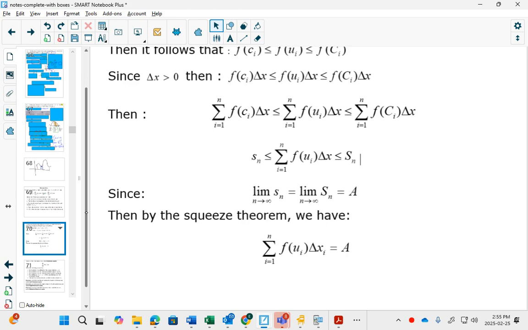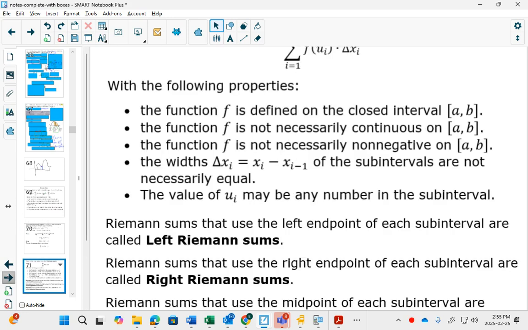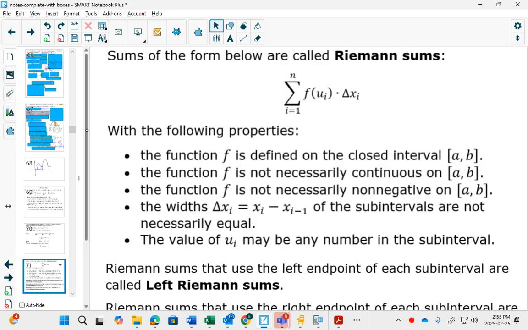And so we have this new idea, which are called Riemann sums. It doesn't matter if you pick the biggest or the smallest all the time. You just have to pick anything. And if you make the limit go to infinity, it's going to be approaching that area.